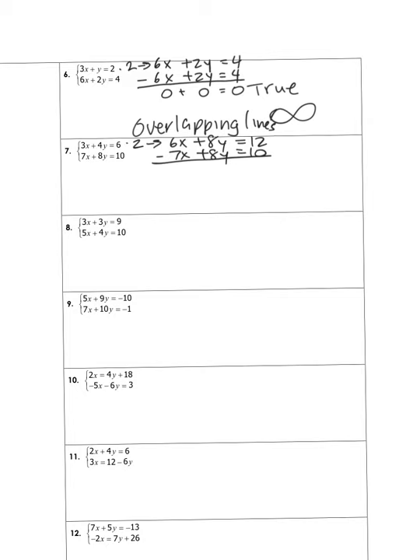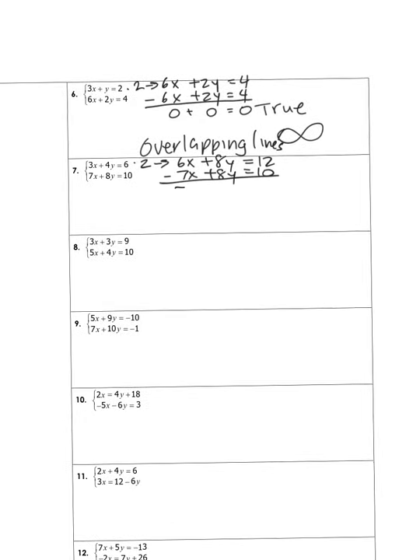All right, 6x minus 7x is negative 1x. 8y minus 8y is 0. And 12 minus 10 is 2. 0 goes away, and negative 1x equals 2. Divide by negative 1 on both sides, and x equals negative 2.